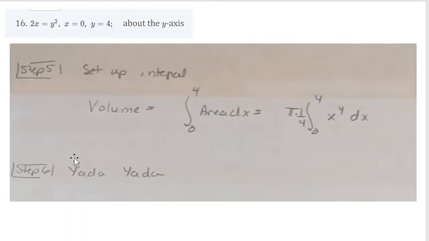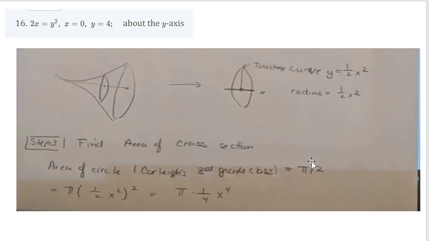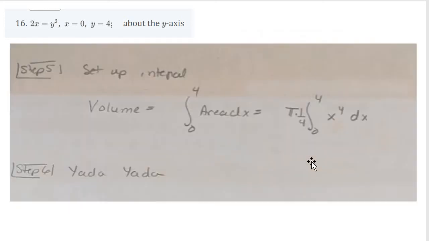And then I set up the integral. Volume is the integral of area, which is this function that I came up with, from 0 to 4. And from here on, it's just power rule, and you know what to do. And usually what you've had in classes, you just have to set up the integral. So this is number 16 on 6.1, I think.